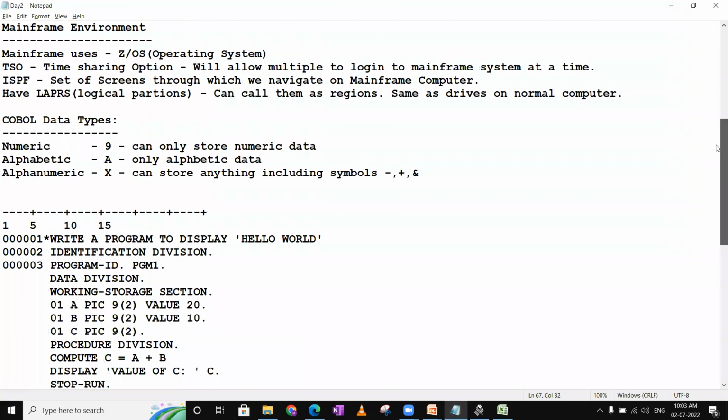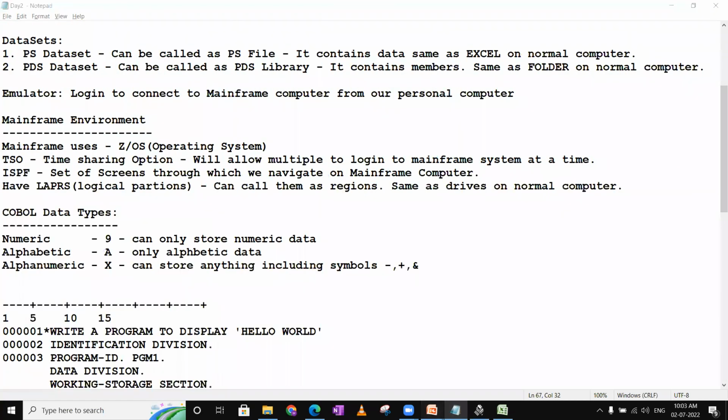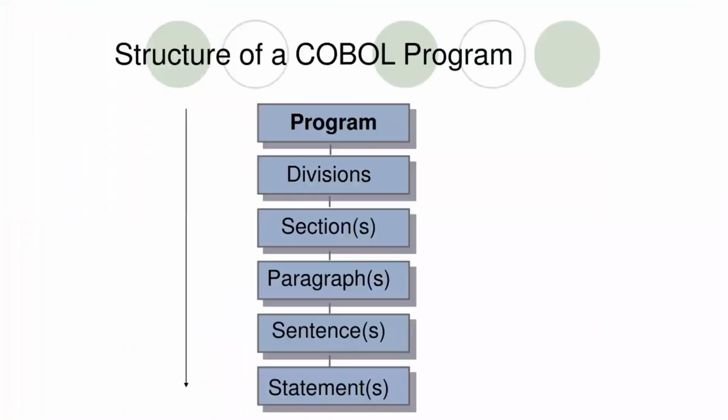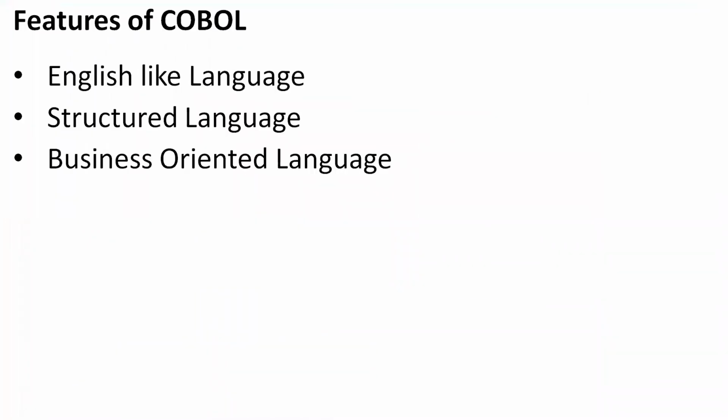I just want to say one more thing. The features of COBOL, a third one is missed. It is a business-oriented language. For all businesses this is required. It is the first language developed to handle business data. Like I said, we can read employee data into programs and handle it.